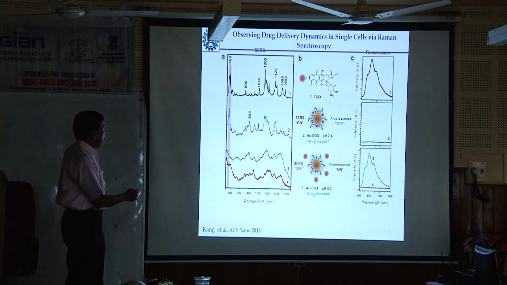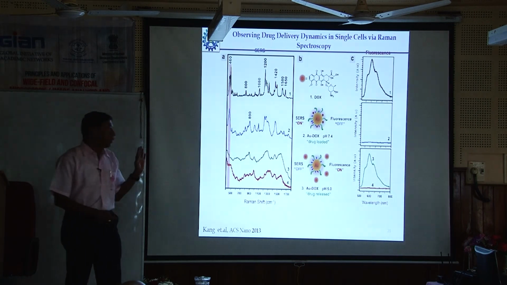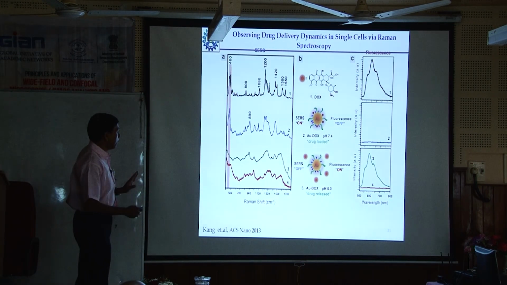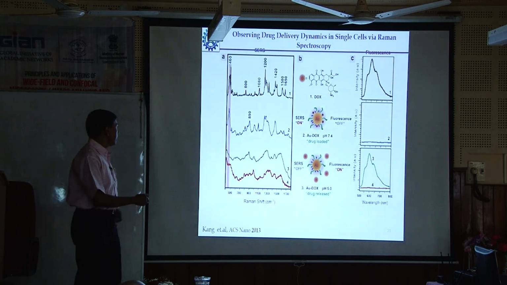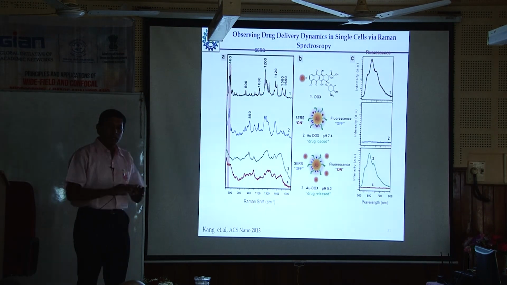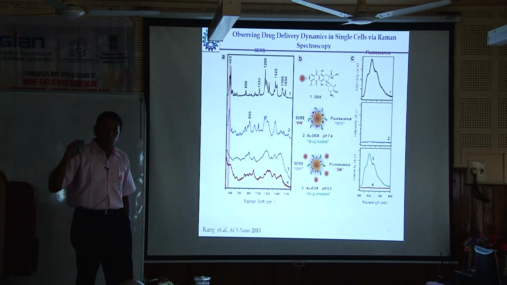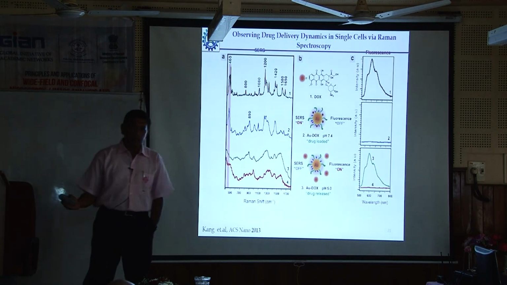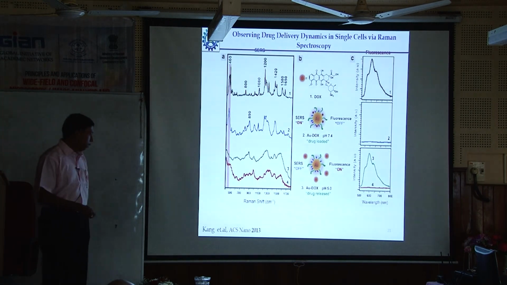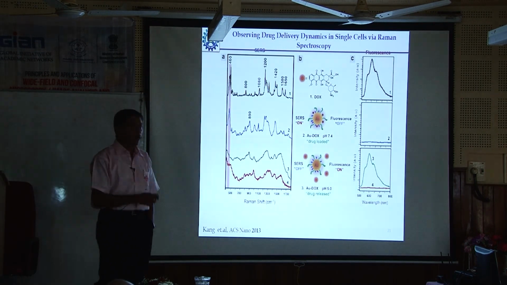When it slowly goes into the cells, this is the live cell experiment, the hydrogen bond is slowly clipped, and the peak at 460, which is mostly the S-S linkage, diminishes and the spectra flatten. Whereas, once it goes in the cells, upon time you get the enhanced fluorescence. So, the doxo is released. This is one of the finest works to show that these two modalities can be correlated with a turn-on and turn-off mechanism.